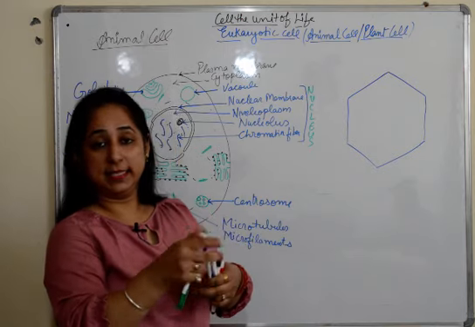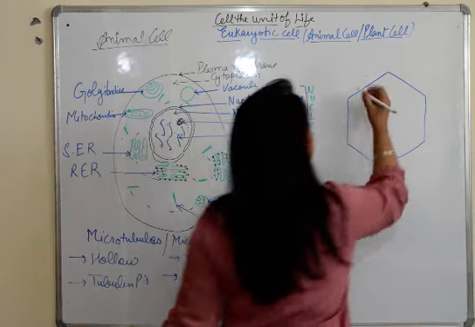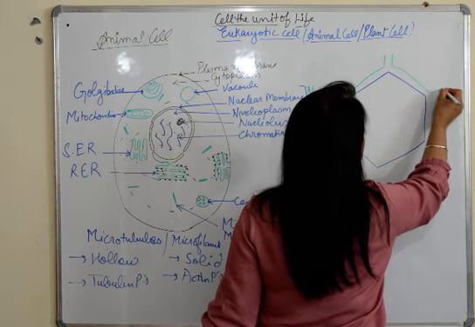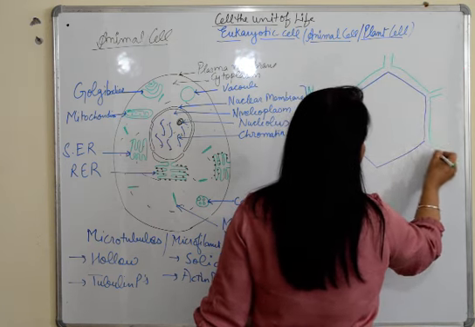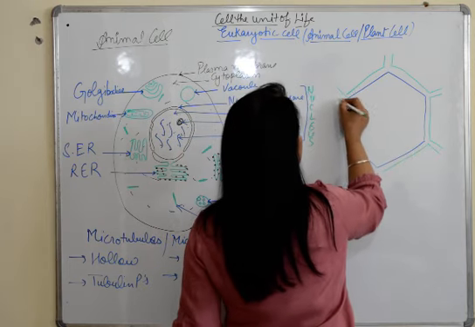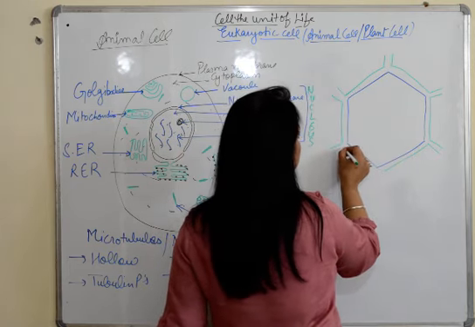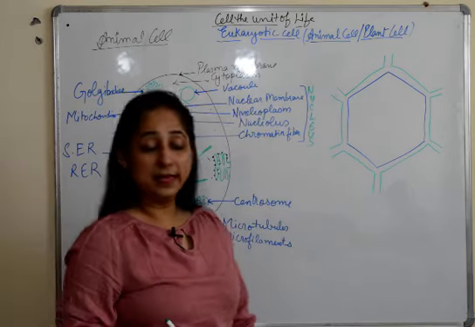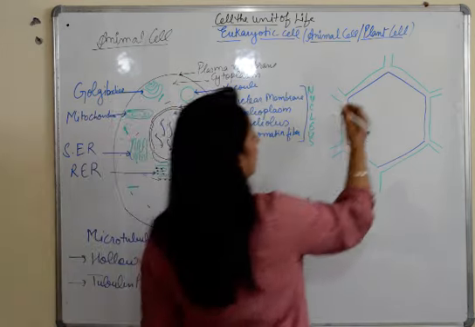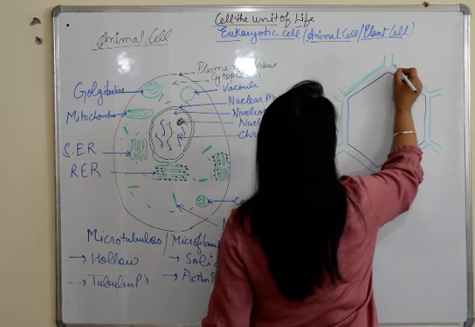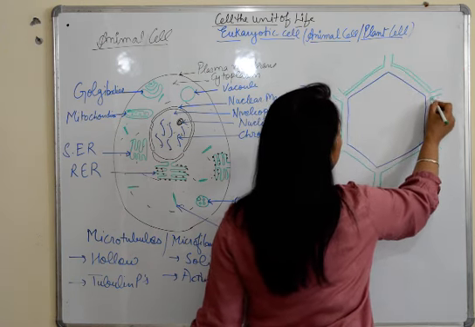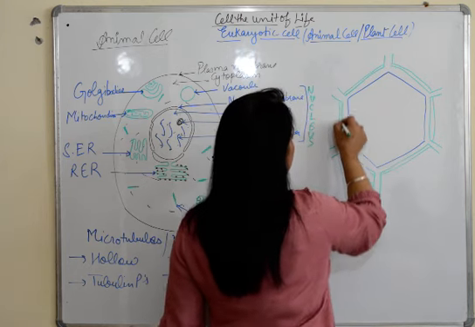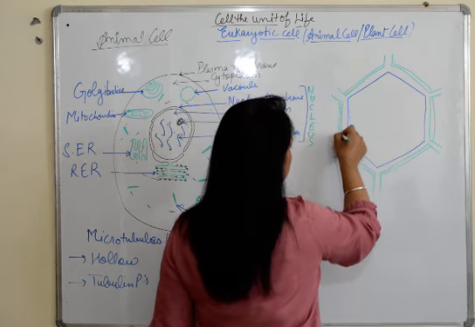Around this is the cell membrane which is present, like this. Fine. So there is a cell membrane around it. I'll just make it double just to give it a proper shape here.